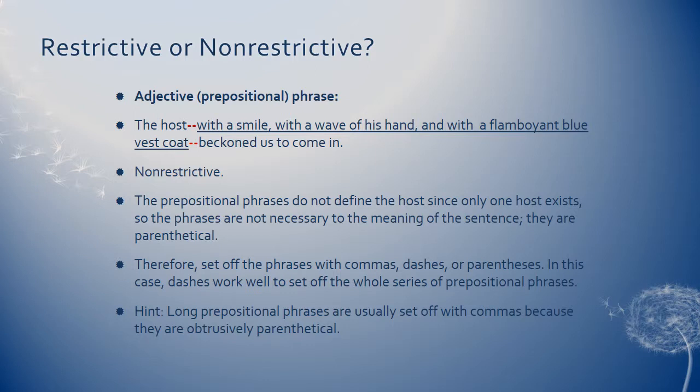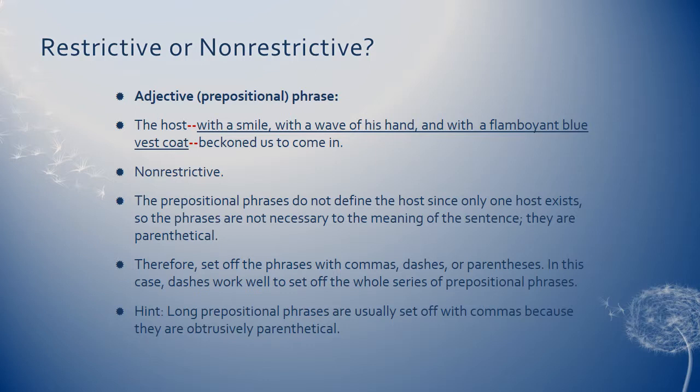Well, the prepositional phrases do not define the host, since only one host exists. So the phrases are not necessary to the meaning of the sentence. They are extra. They are parenthetical. Therefore, set off the phrases with commas, dashes, or parentheses. In this case, I think dashes work best to set off the whole series of prepositional phrases.